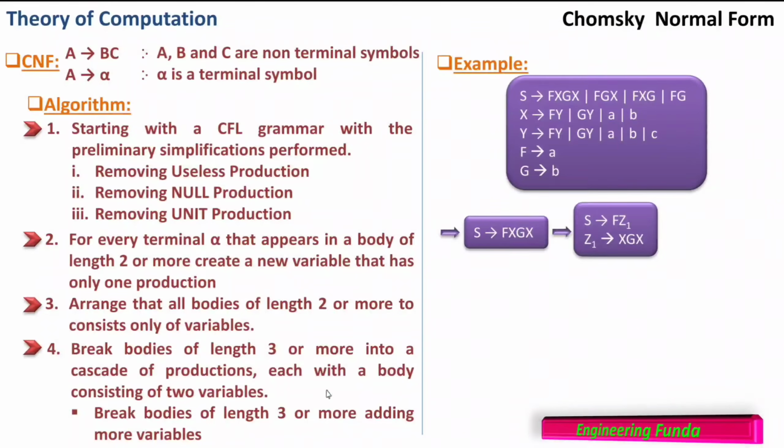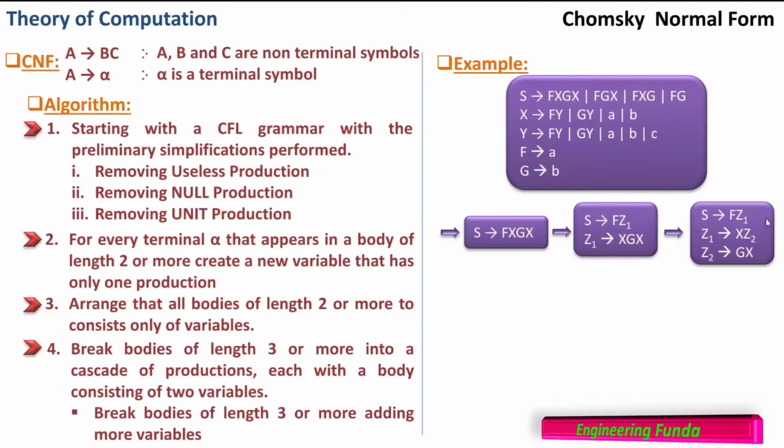But again this XGX is of length 3 or more. So I have to again apply this step number 4 of breaking this body. Breaking this body XGX, I will have X as one part and GX as the second part. Hence my Z1 which tends to XGX is now Z1 gives XZ2, and this Z2 is nothing but GX.